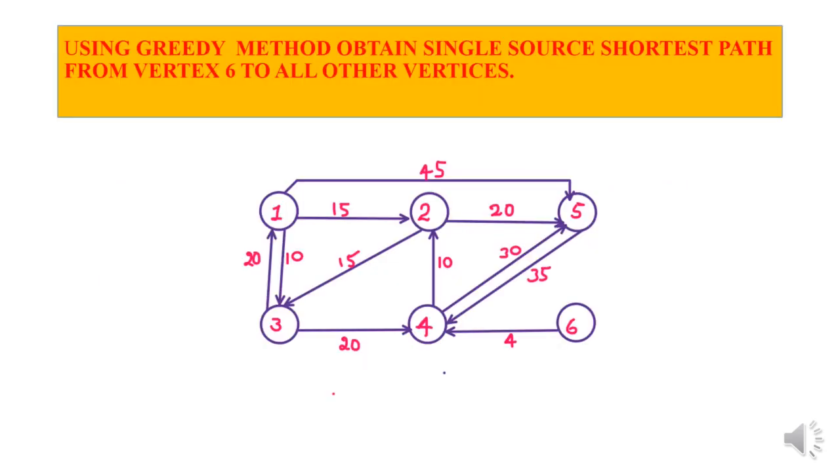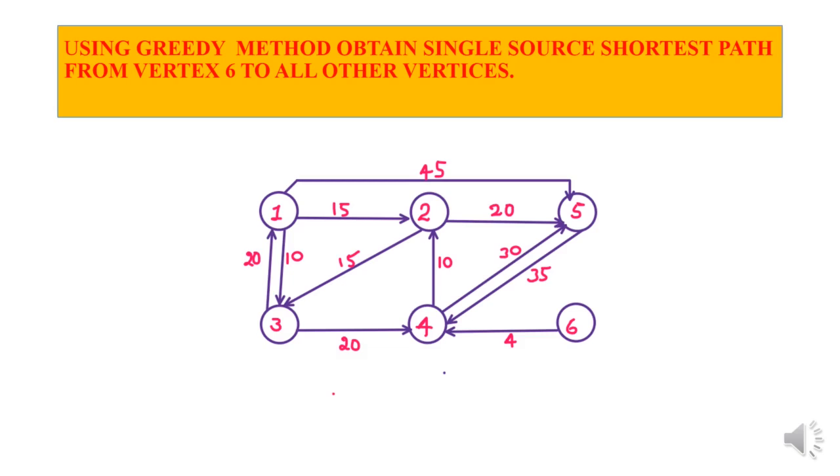Now using the greedy method, we can obtain the single source shortest path from vertex 6 to all other vertices. I am applying here the single source shortest path algorithm on the directed graph. Okay, here it is weighted. It's a weighted graph. Obviously you know that input has to be a weighted graph.